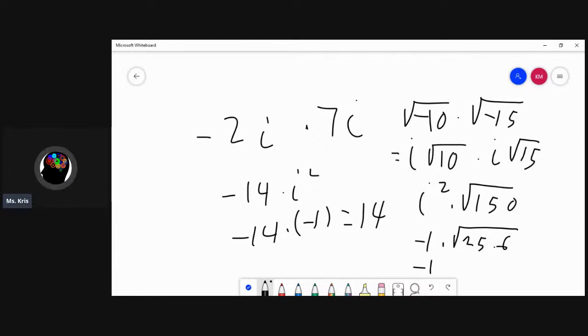I still keep going. So now equals -1 times the square root of 25 times 6. Well, of course, the square root of 25 is 5, and the square root of 6 is still the square root of 6. So therefore, that becomes 5 square root of 6. And -1 times 5 is a -5 square root of 6.